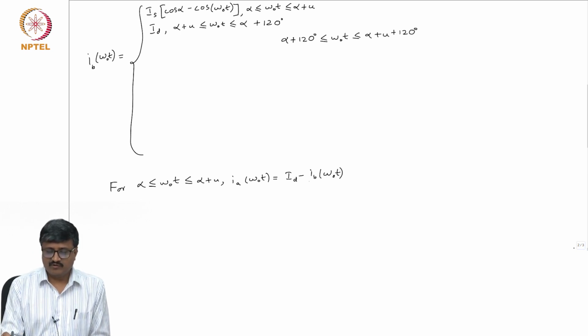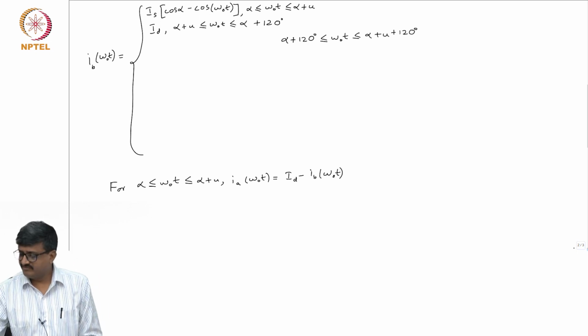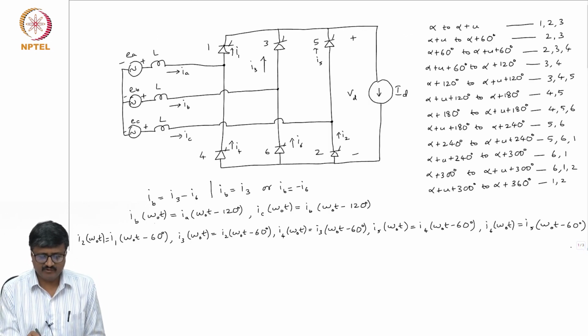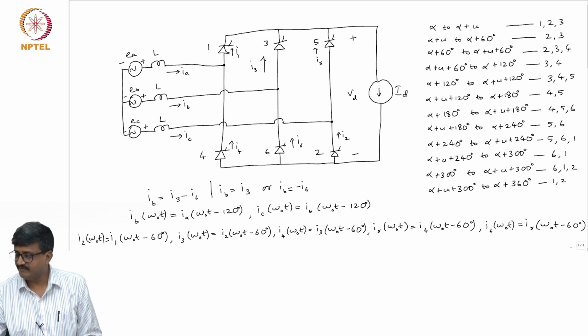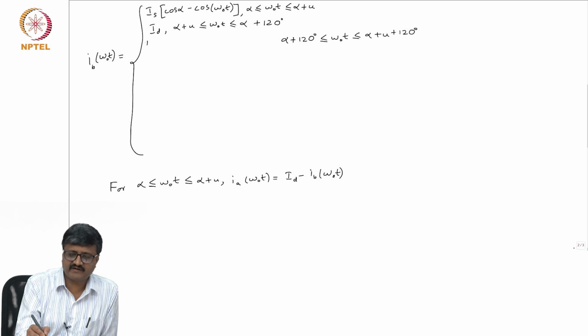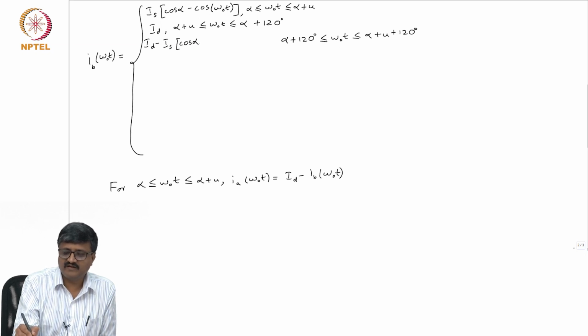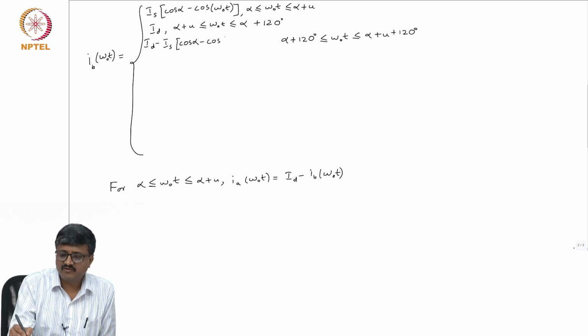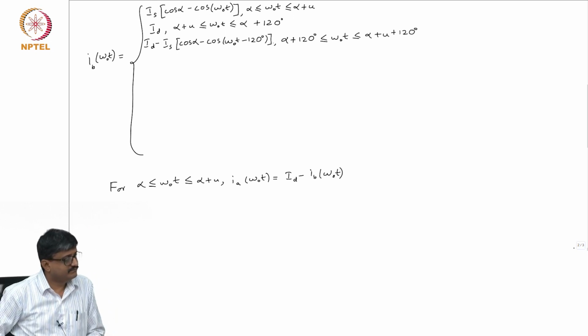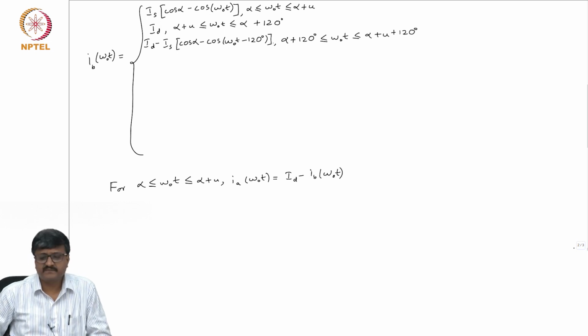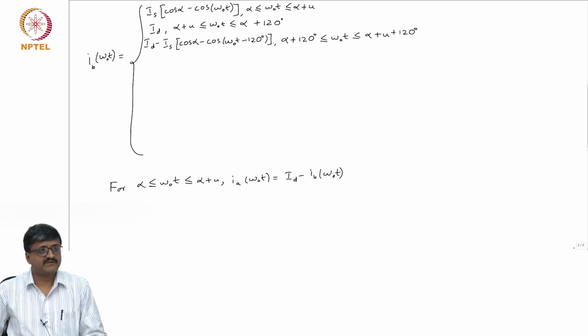So, I know the expression for IA. Now, I use this equation, IB of omega OT is equal to IA of omega OT minus 120. If I do that, I get the expression for IB as ID minus IS into cos alpha minus cos omega OT minus 120 degrees. So, we got the expression for IB up to alpha plus u plus 120.